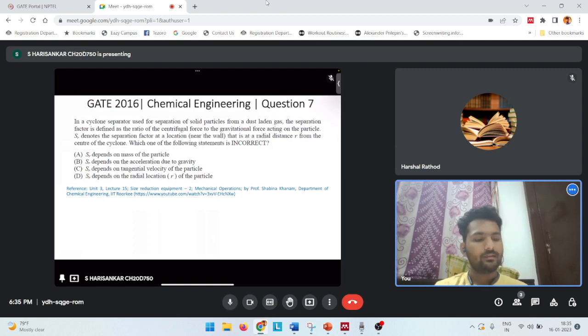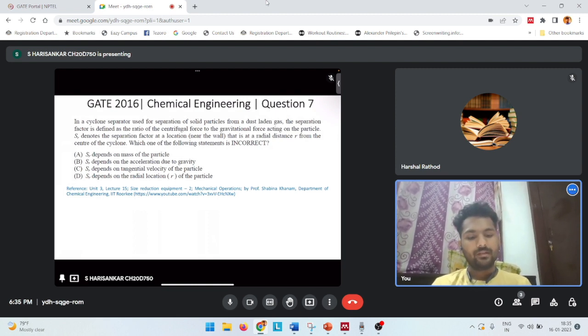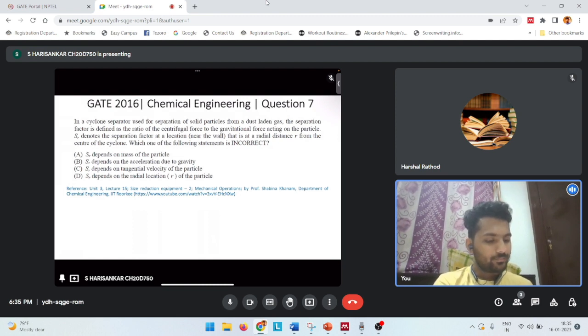So here in this question, they have given a cyclone separator of radius r, and a particle is undergoing two forces, a centrifugal force Fc and a gravitational force Fg.